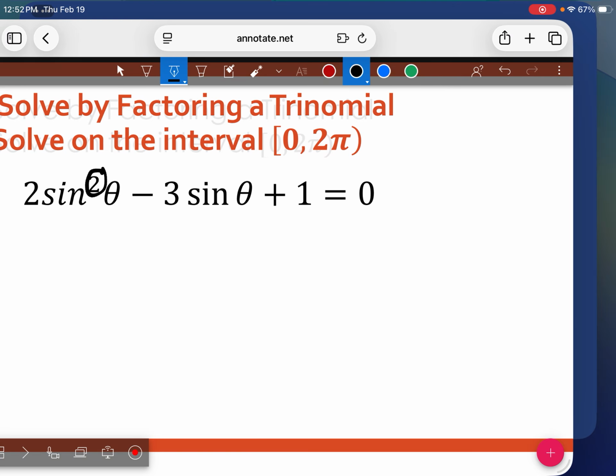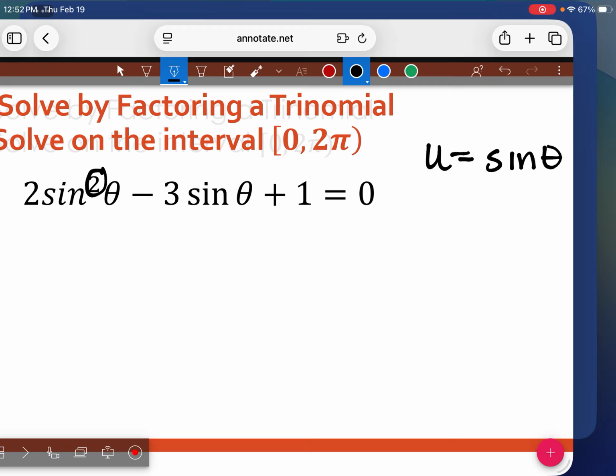When I went to Purdue a long time ago, my calc teacher told us to do a U substitution because that looks a little intimidating to factor with the signs and all of that in there. So what he told us to do at this point was to substitute a u in for sine.